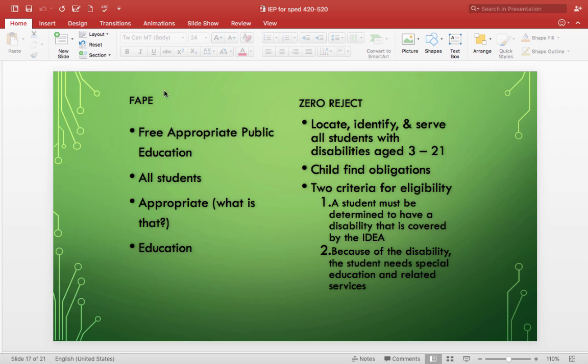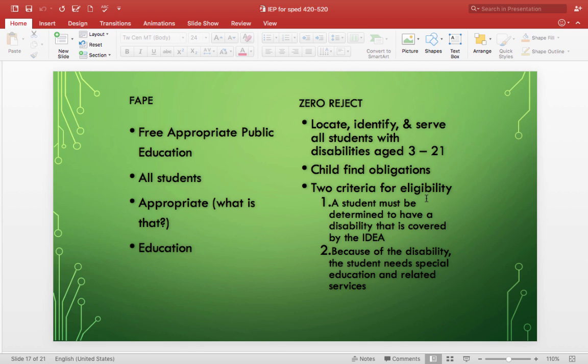So again, you can kind of go over this. I'm not going to go over all of them because it's in the book, okay? FAPE, zero reject, and this is where we are looking to make sure that we haven't missed any children that need services.